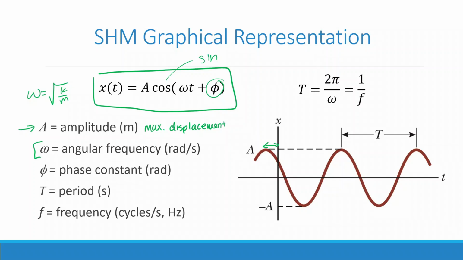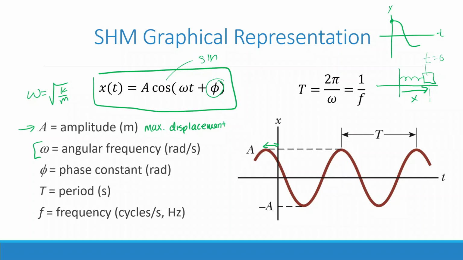Cosine makes the most sense to me because a perfect cosine function with no phase variance would have your maximum amplitude, if this is x versus t, occurring at t equals 0. And that makes sense because usually, if this is my equilibrium position, we pull back our object and release it at t equals 0 from rest after having already been displaced. So it makes sense for a maximum displacement to occur at t equals 0.